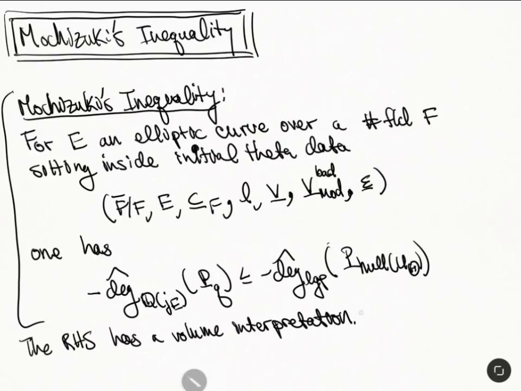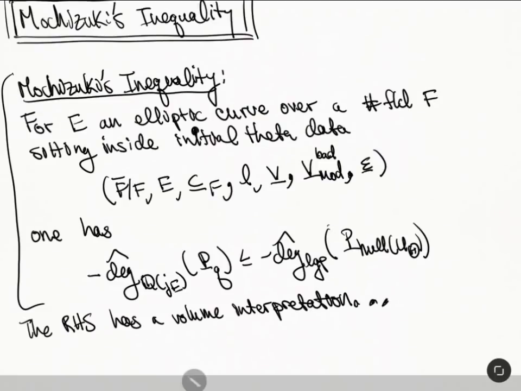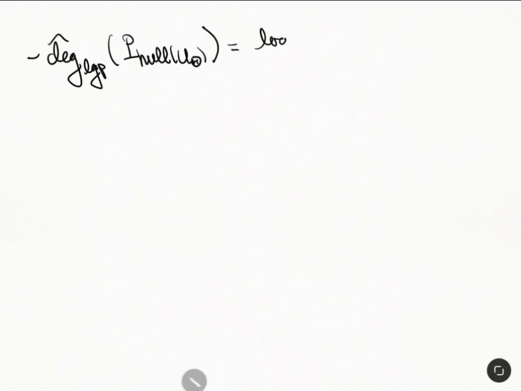So let's go to the next page. It says that minus this LGP degree, for the same field of this P of Hull of U theta, is going to be equal to log nu of L. So this is like a log measure.